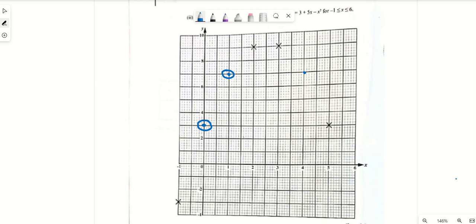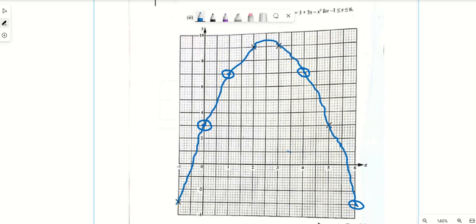That would be this point right here. And then the last one was when x was 6, y was minus 3, which would be right here. And we have our parabola, our U-shaped curve. So our graph would look something like this.